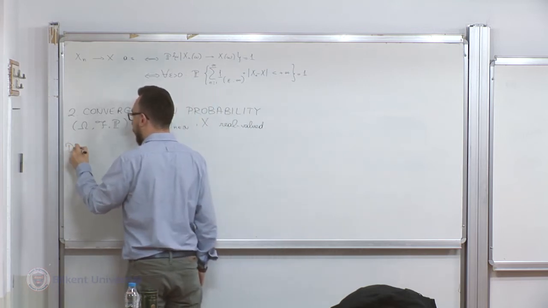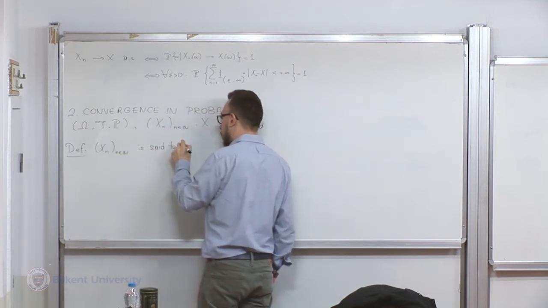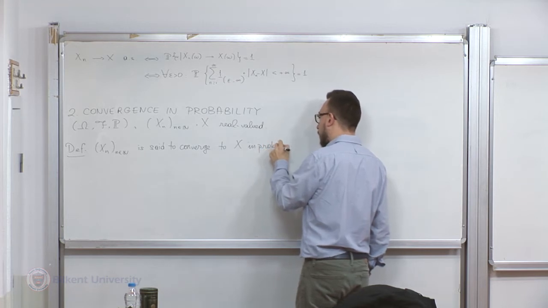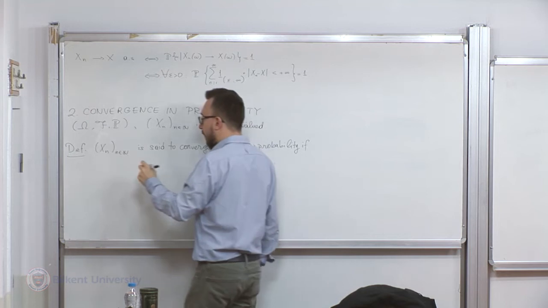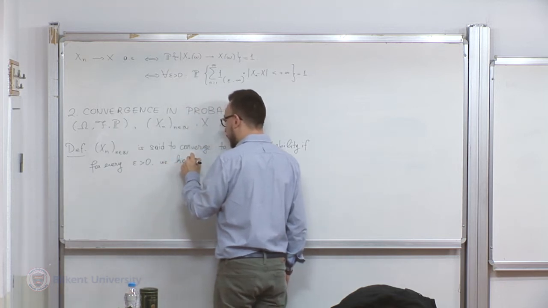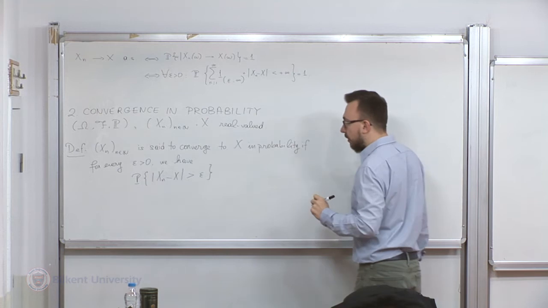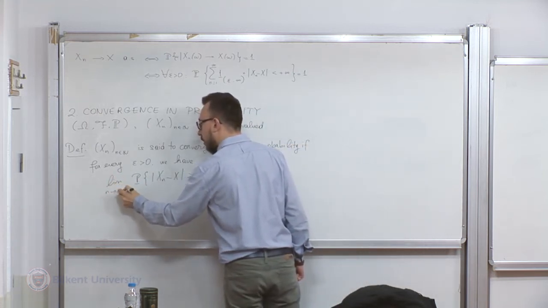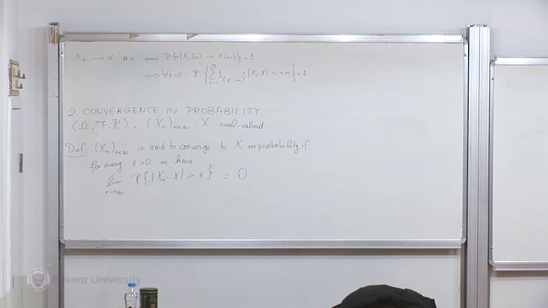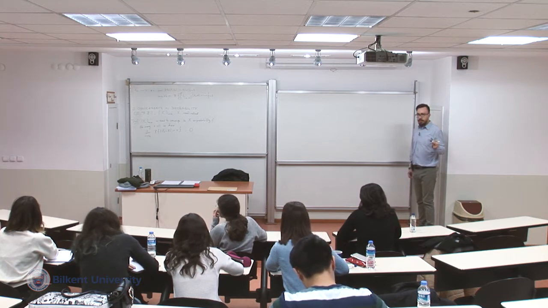So we say that the sequence Xn converges to X in probability if for every epsilon we have that the probability that the distance between Xn and X is larger than epsilon goes to 0.